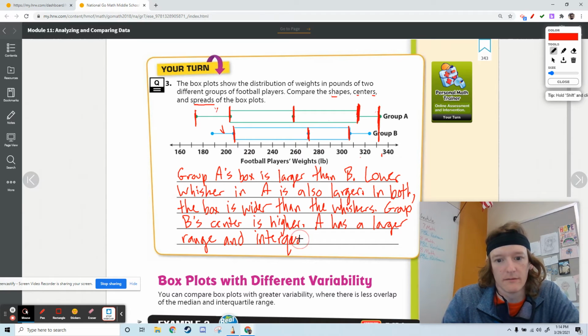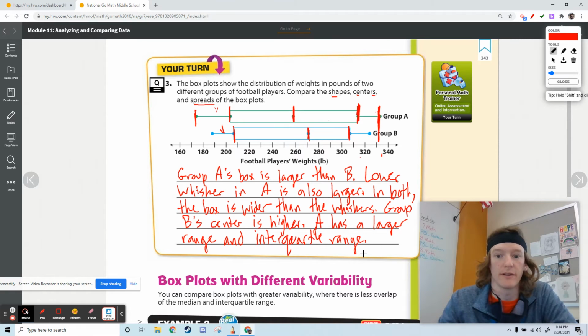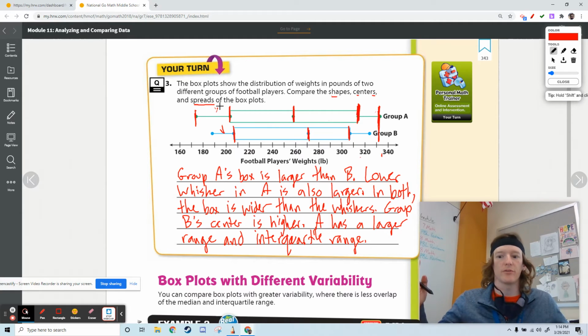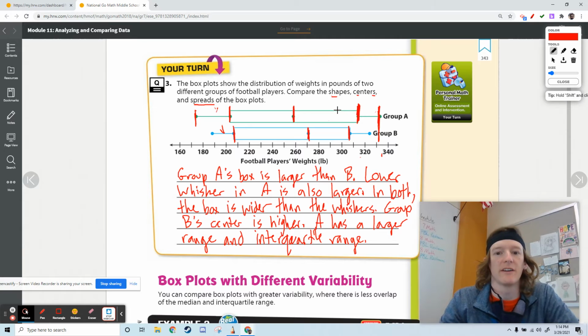The range is larger, so is the interquartile range. So Group A is a little bit more spread out with the variation in football players' weights. There's a little bit more variety in Group A than there is in Group B.